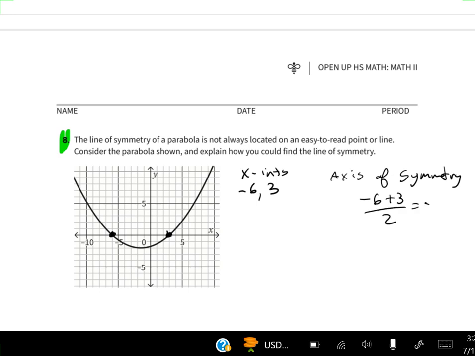That's going to give us -1.5 or -3/2. So the axis of symmetry is actually right about here, give or take. So the axis of symmetry, you can say, is halfway between the x-intercepts.